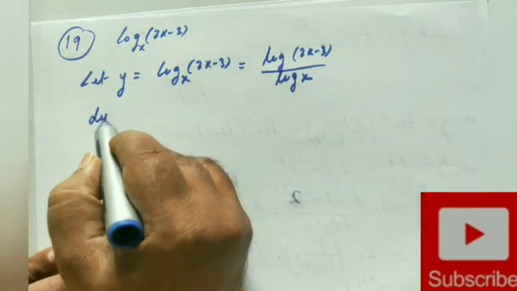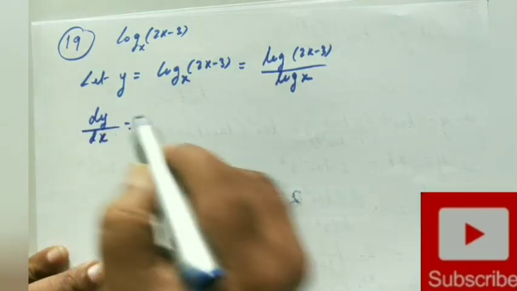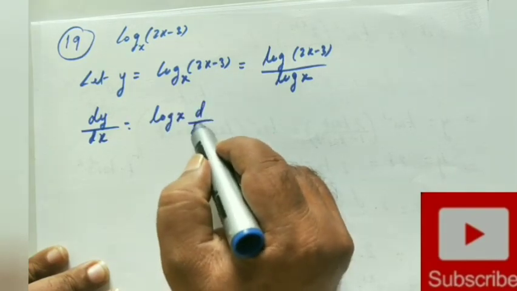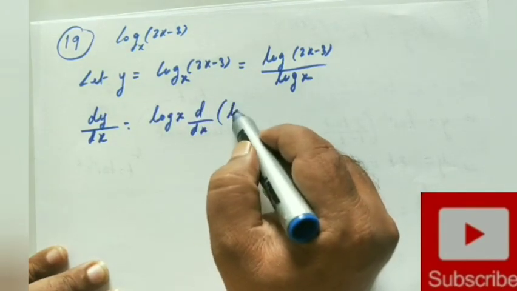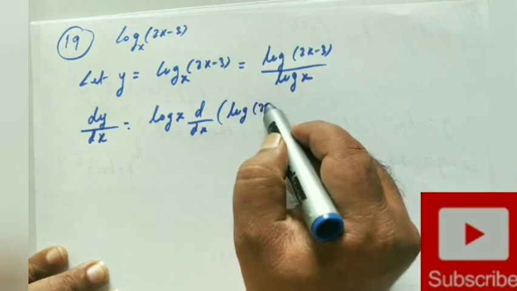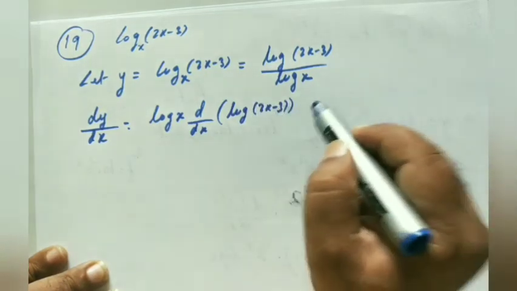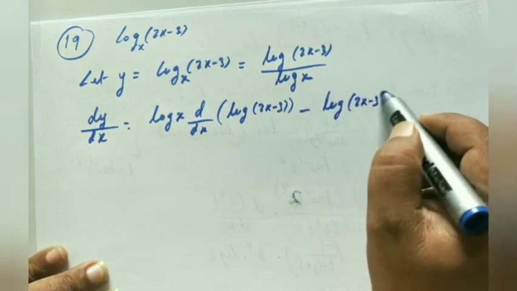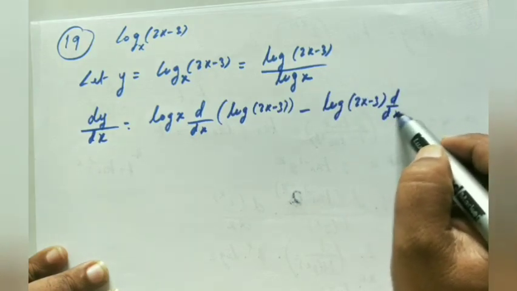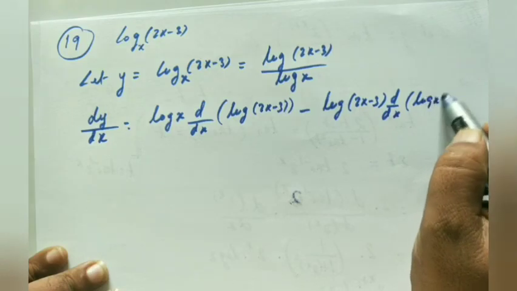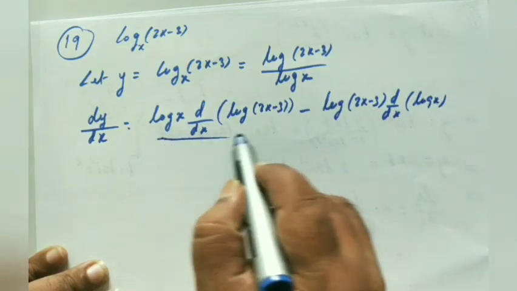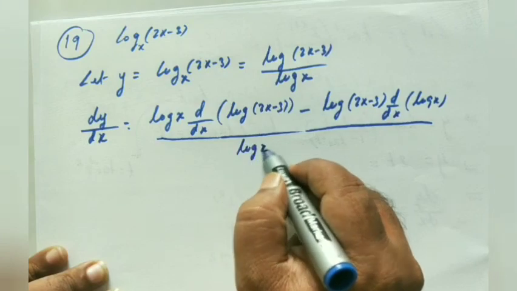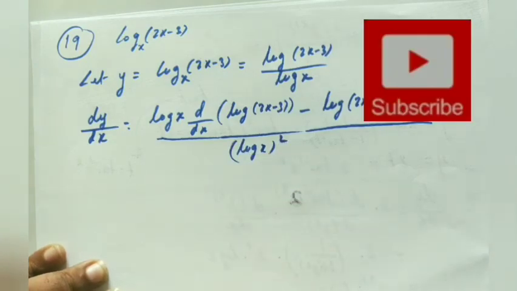Then the quotient rule, dy by dx is equal to, by log x whole square.